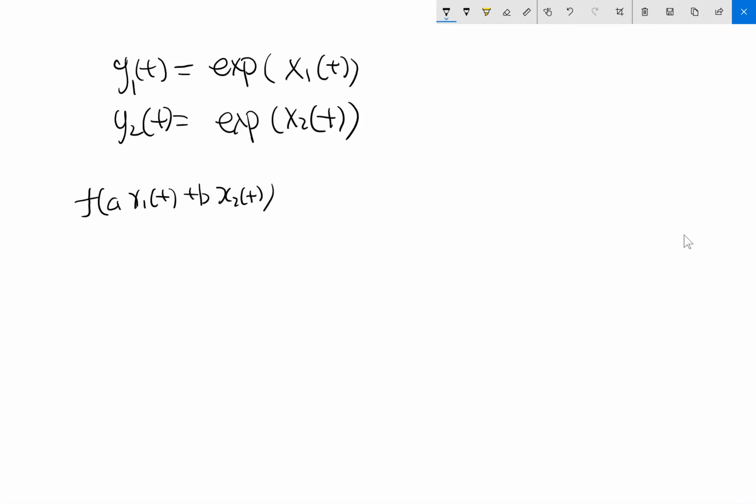So what is this one? Here it is very clear that f is just the exponential. So we have the third output y3(t) is the exponential of this thing.